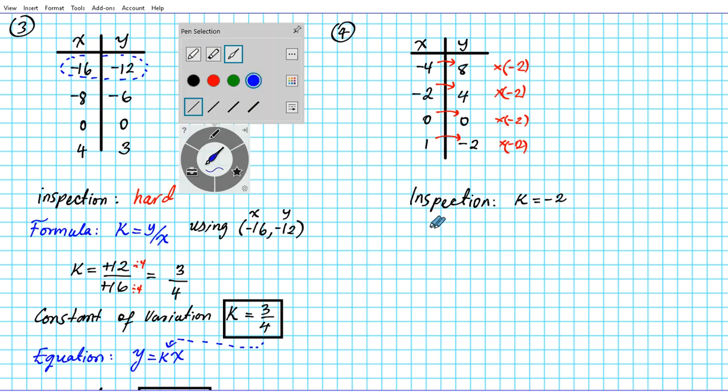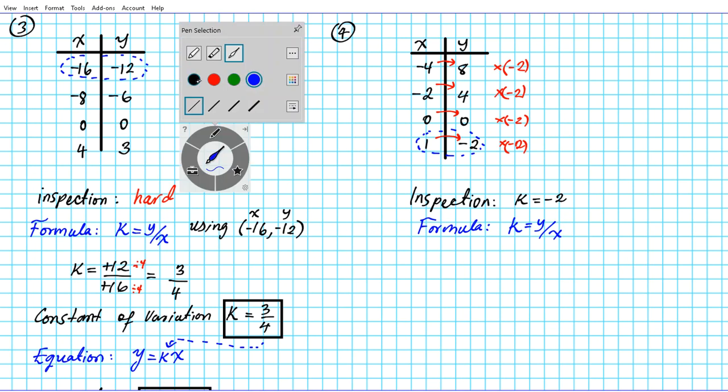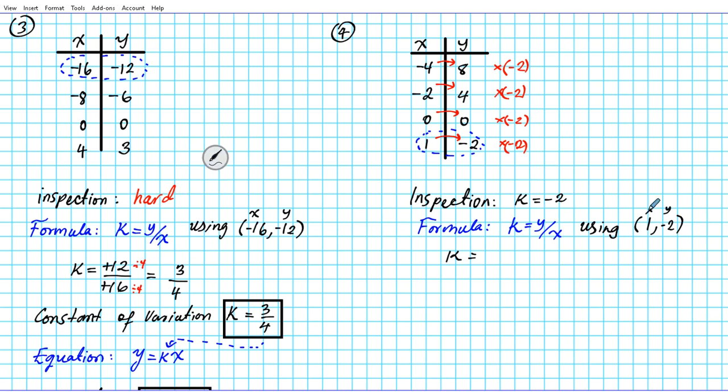Alright, so let's verify using the formula. The formula for constant of variation, k, is y over x. So pick any ordered pair you want. Let's pick the fourth one. Doesn't really matter which one you use. So using 1, -2, we have k equal to y over x.